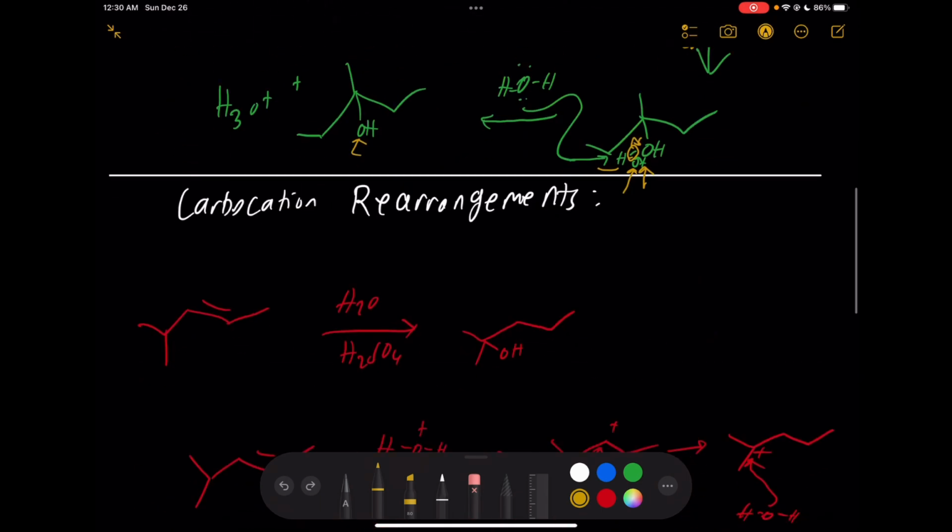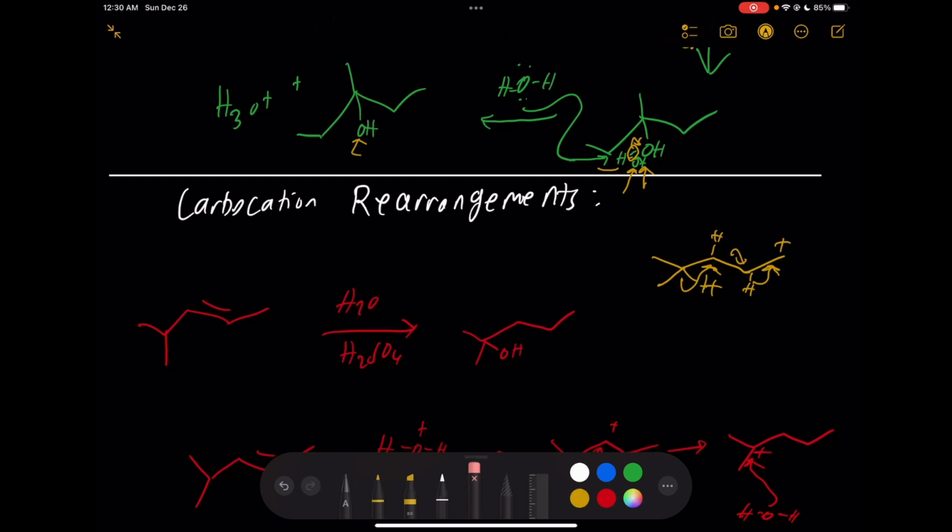If you had a carbocation on one carbon and a hydrogen a few carbons away, that wouldn't happen, because it just needs to occur in one step.